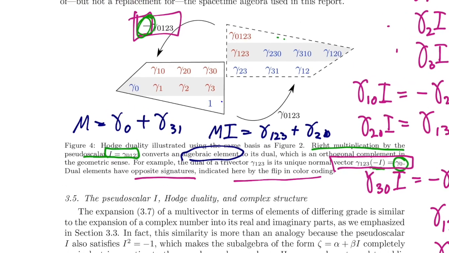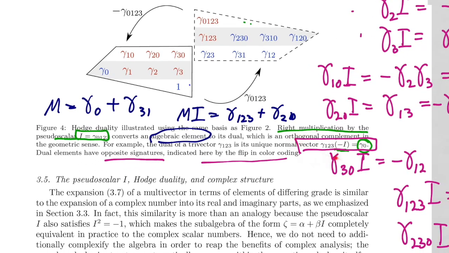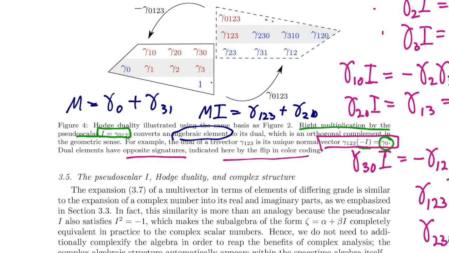But I just want to point out that this figure 4 is a little bit awkward to my taste because I don't fully understand the introduction of this minus sign, and I don't like the fact that this here contradicts what's in the text, and I haven't found a satisfactory way through all of this.